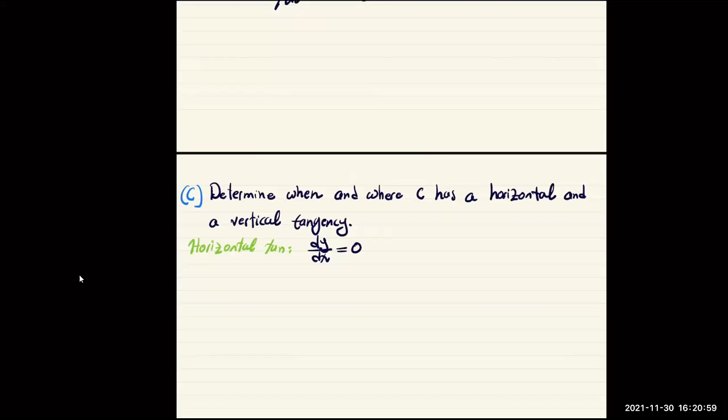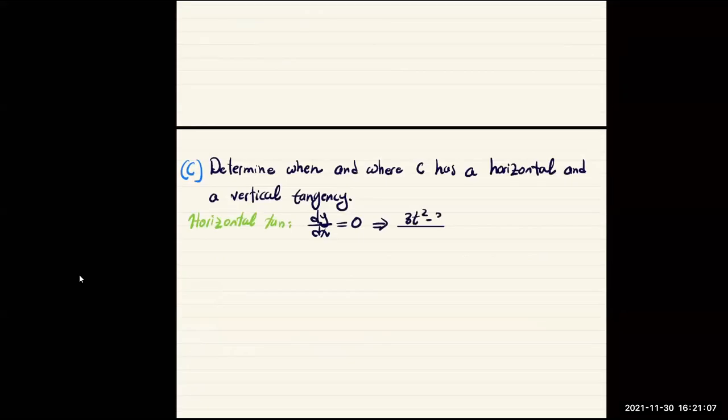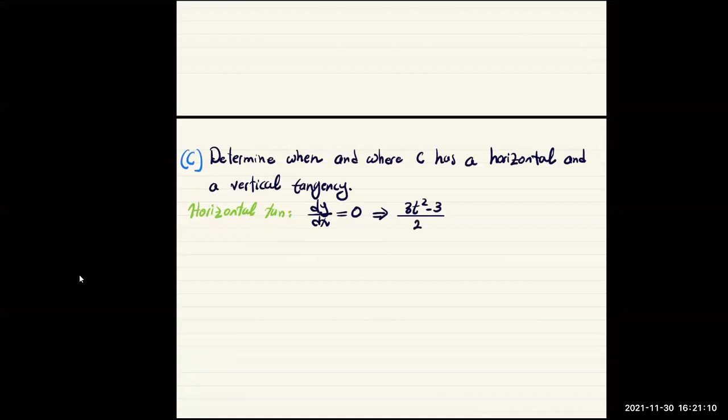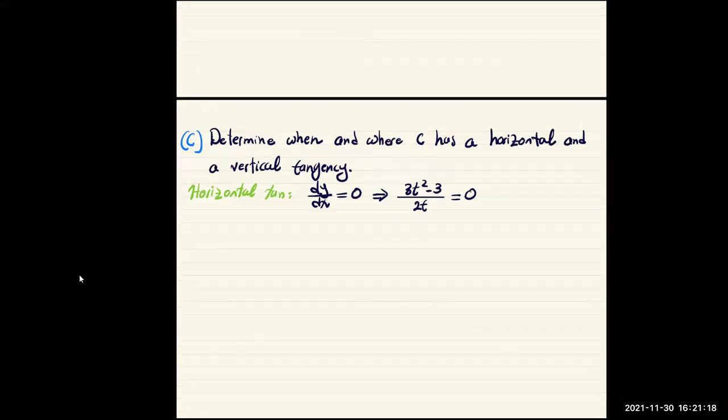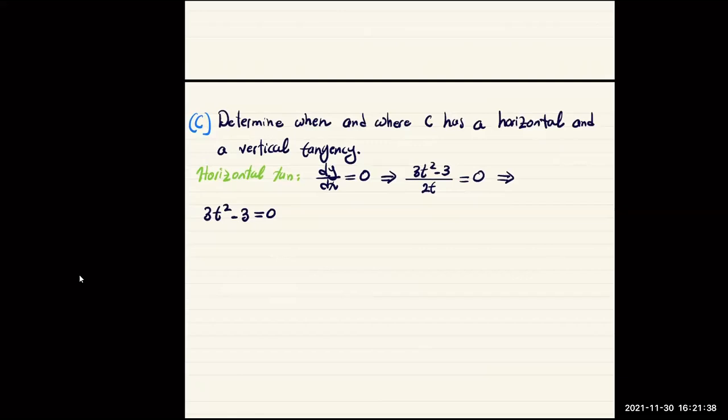Here our derivative function is (3t squared minus 3) over 2t. Setting that equal to 0 means that the numerator of the fraction has to be 0, because 0 divided by anything is equal to 0. So solve this equation for t.